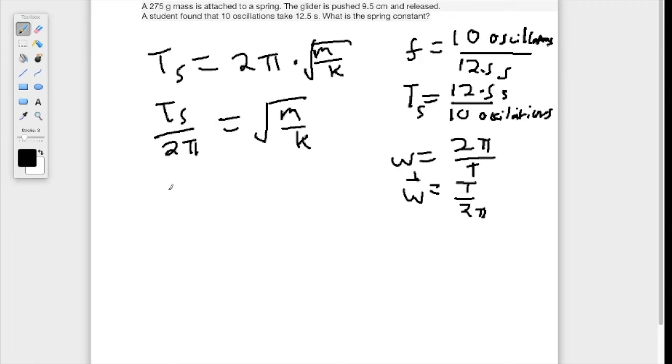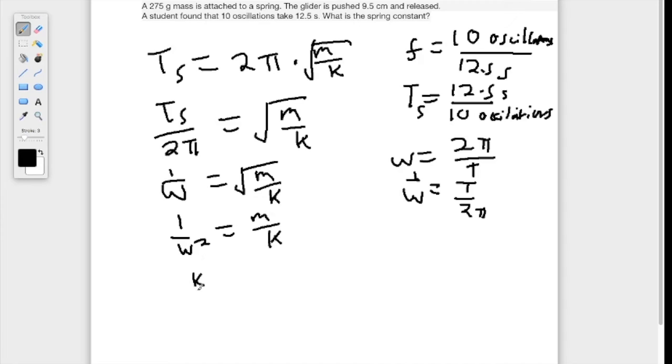So we could replace this with 1 over w equals the square root of m over k. And then we square both sides, we get 1 over w squared equals m over k.